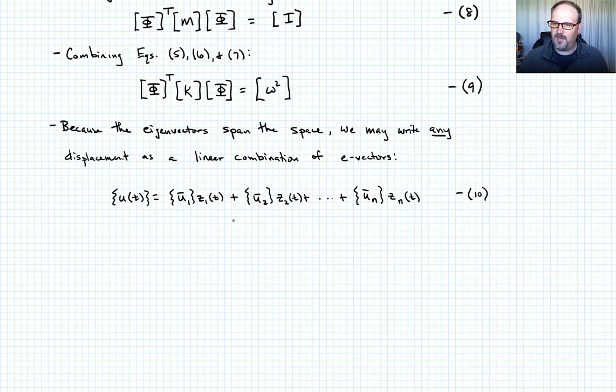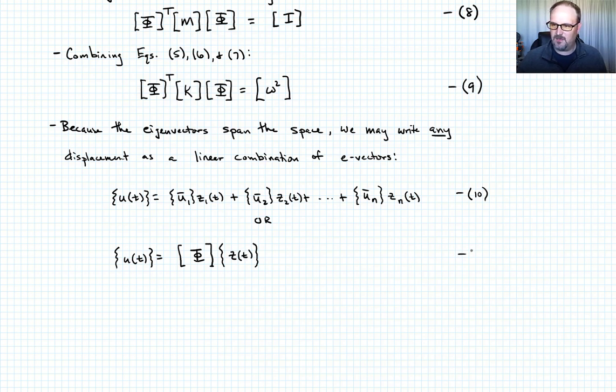Okay, or, so I could write this, right? Here you can start seeing what I'm going to do here. I have a column vector of all of my eigenvectors, right? So I could write this as u of t is equal to this big matrix phi, which is my matrix of eigenvectors, times the quantity z of t, right?